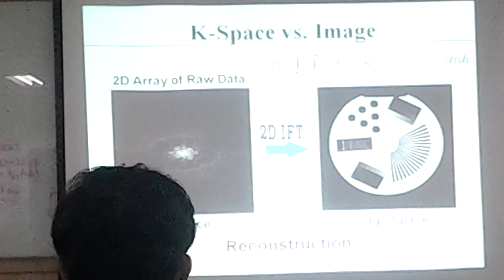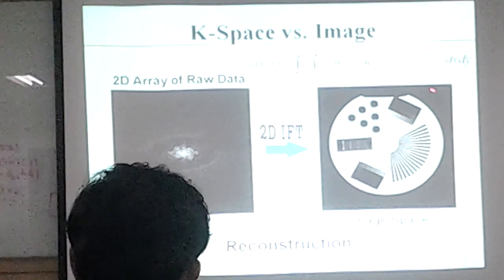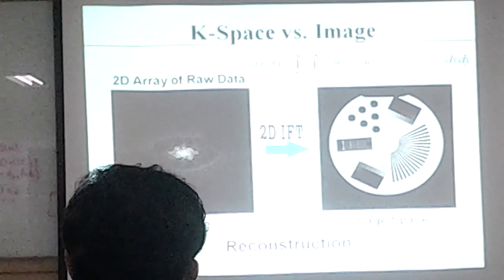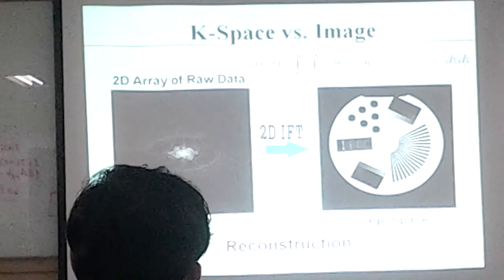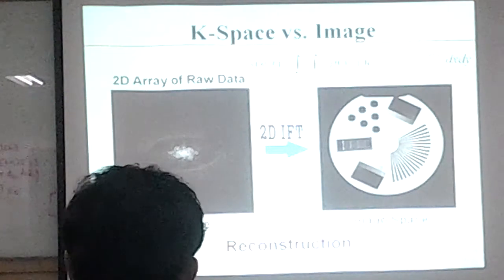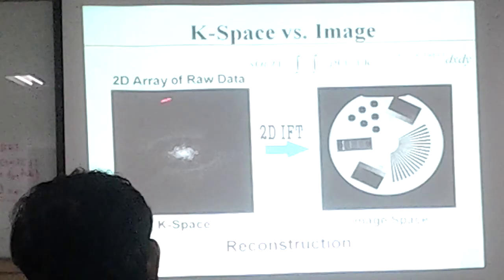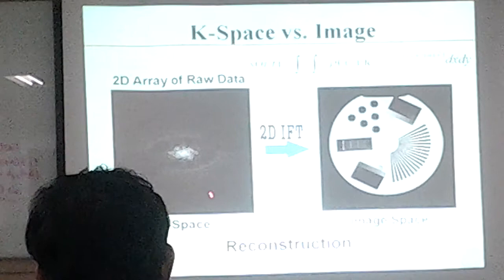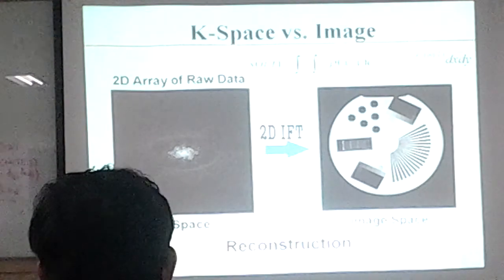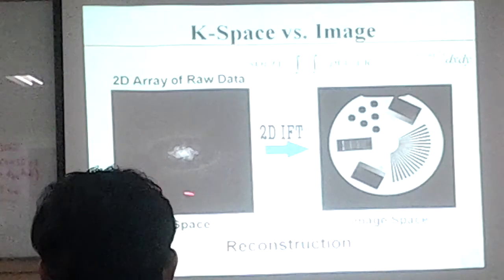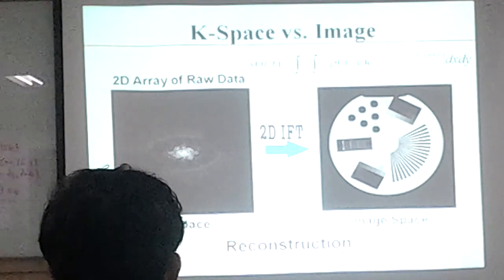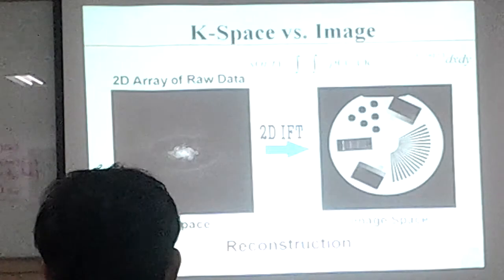And this image is represented by the image function rho of x comma y, and we call this domain image space or spatial domain. And we call this domain the spatial frequency domain or k-space domain, because we use the k variables as we defined before.